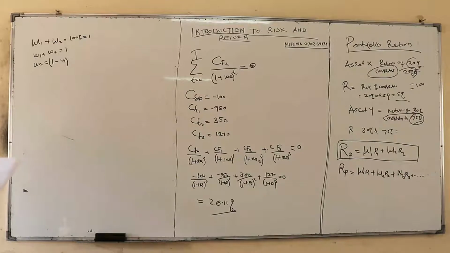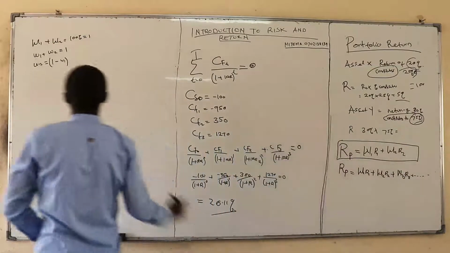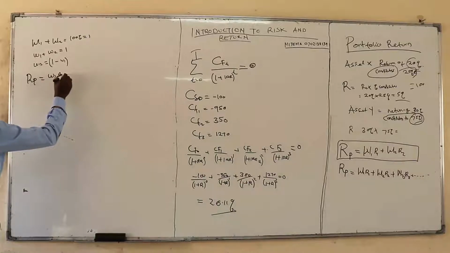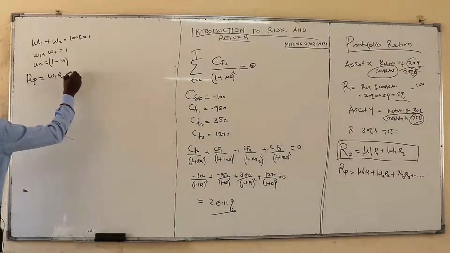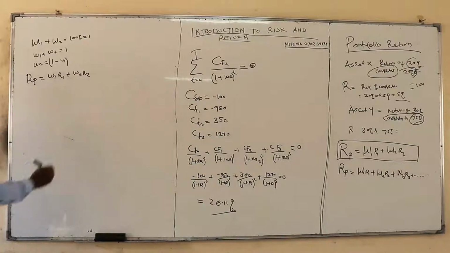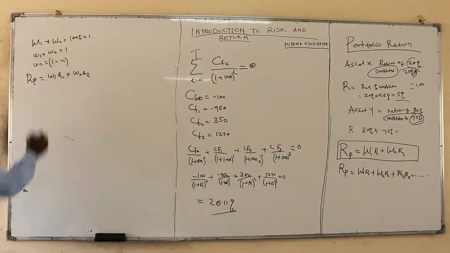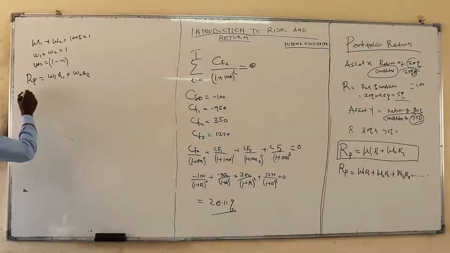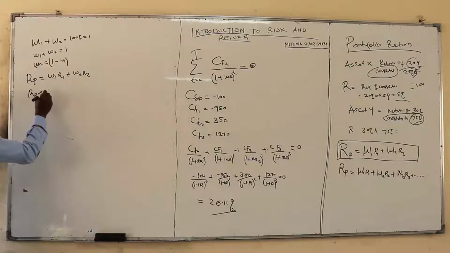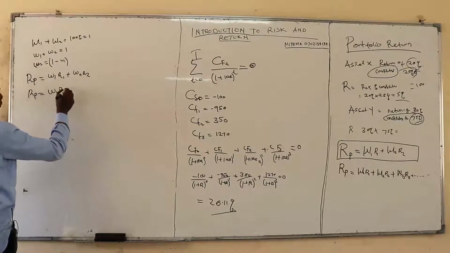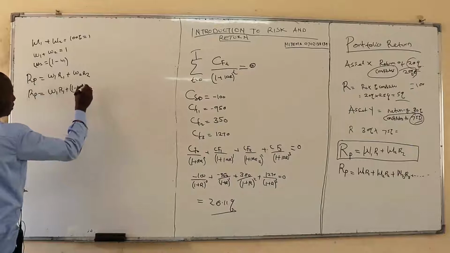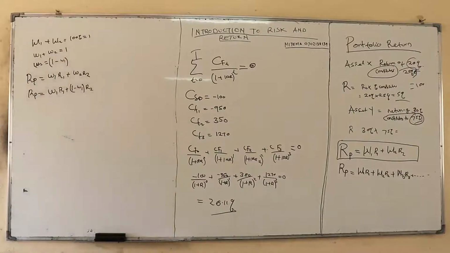So by substituting into this formula, where the return on portfolio equals W1 R1 plus W2 R2, with W2 equal to 1 minus W1, you will find that the return on portfolio equals W1 R1 plus (1 minus W1) multiplied by the return of the second asset.